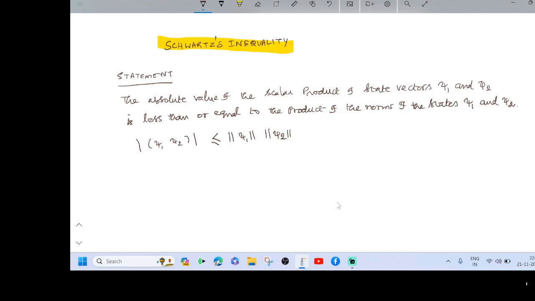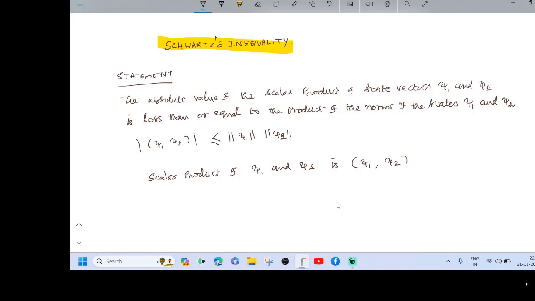Now we should know the meaning of the term scalar product. The scalar product of psi1 and psi2 is written inside the bracket as psi1 comma psi2. The psi1 here means psi1 star, and psi2 is just psi2.